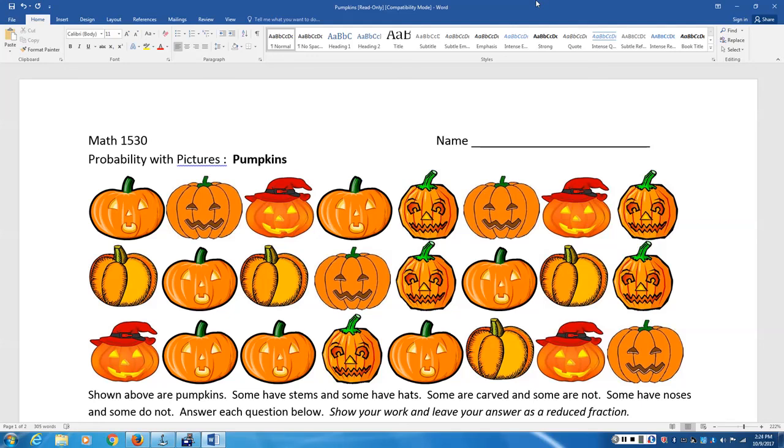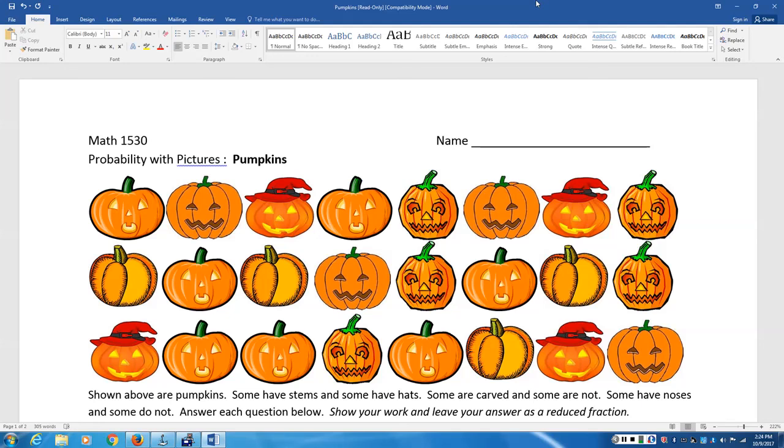Triangular eyes. 1, 2, 3, 4, 5, 6, 7, 8, 9, 10, 11, 12, 13, 14. 14 that have triangular eyes. Okay?